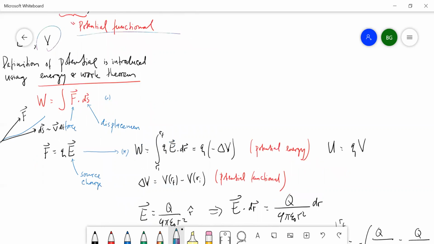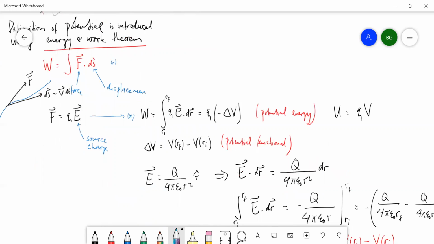Kalau itu saya integralkan, saya dapatkan bahwa integral F dr sama dengan integral QE dot dr. Jadi ini sama dengan Q kali minus delta V.